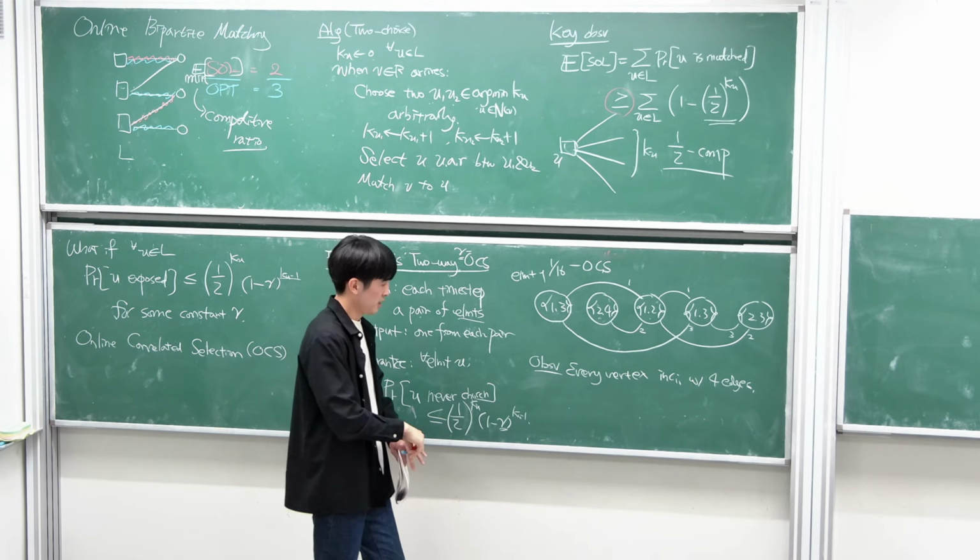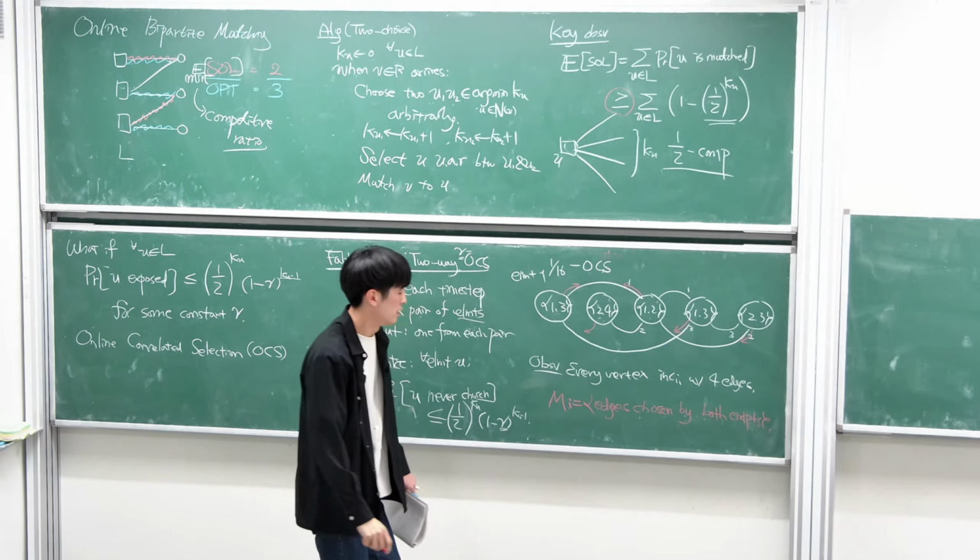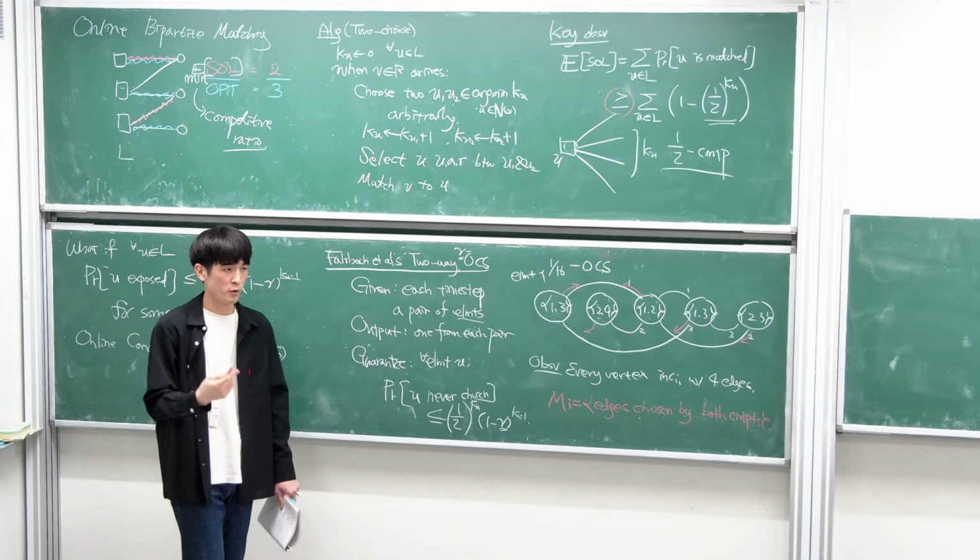So we're going to do it for every vertex like this. Let's say this vertex chooses this one, and this vertex chooses this one. And let M be the edges that are chosen by both endpoints.